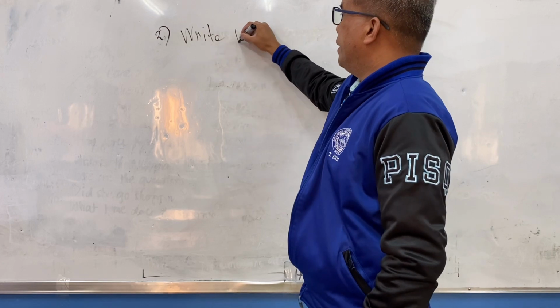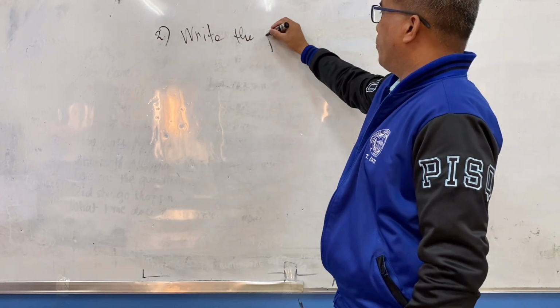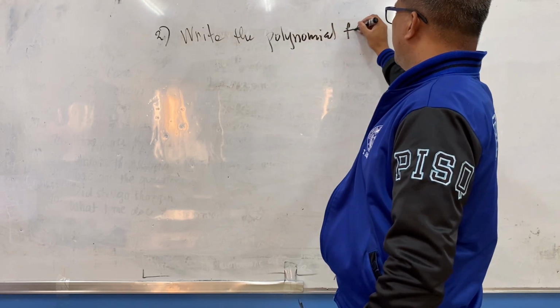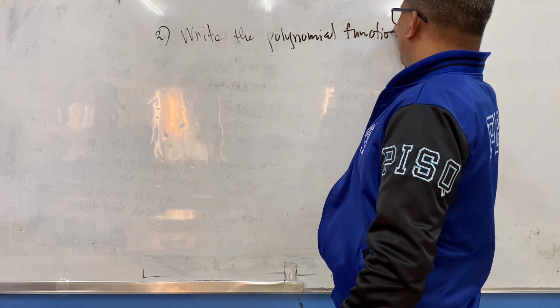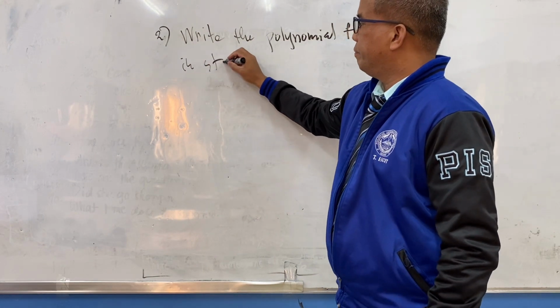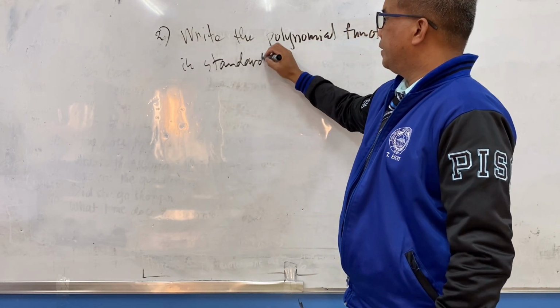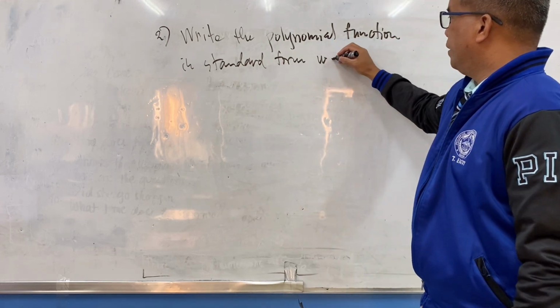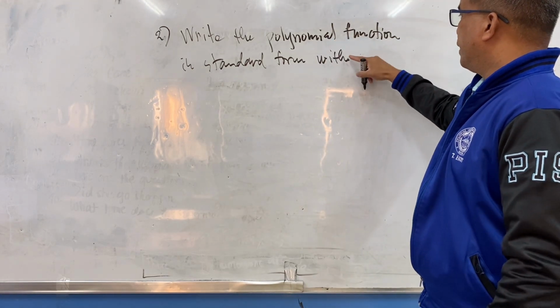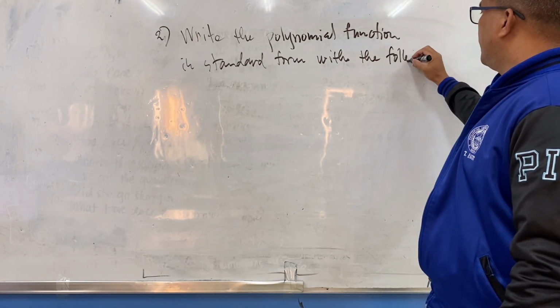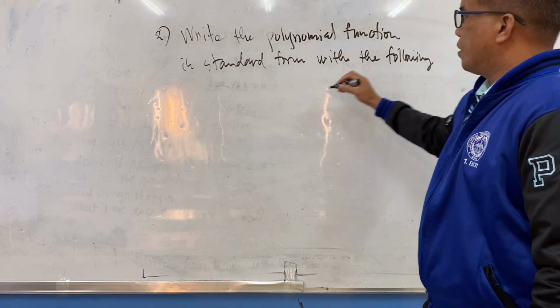Write the polynomial function in standard form with the following zeros.